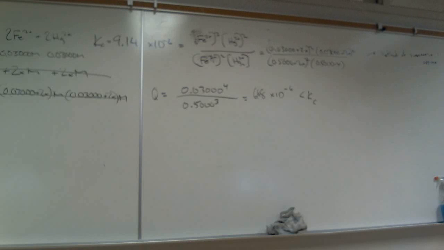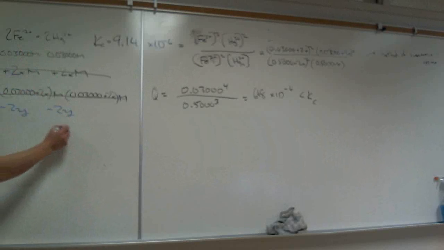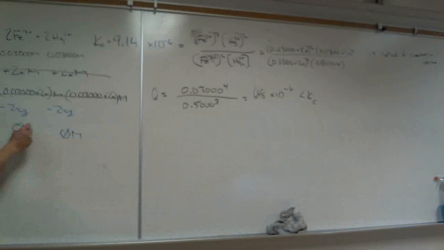And so we're going to get plus 2y, plus y, minus 2y, minus 2y. And we look at what is the limiting reactant here? There's none. This is stoichiometric. So both of these are going to go to 0 molar.